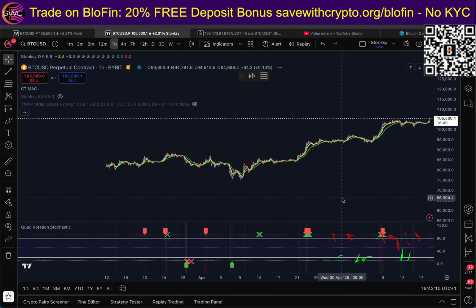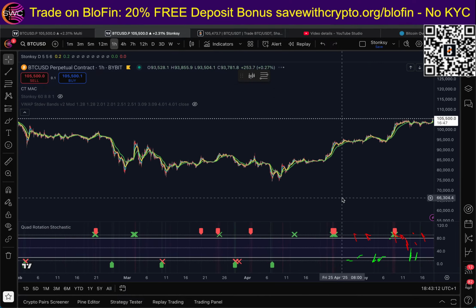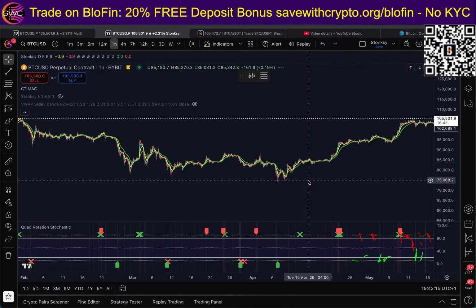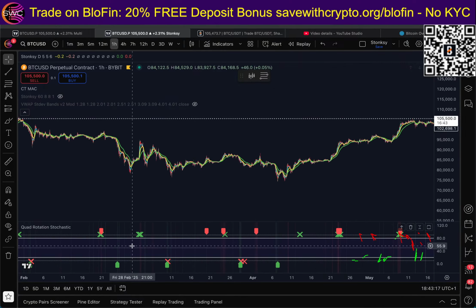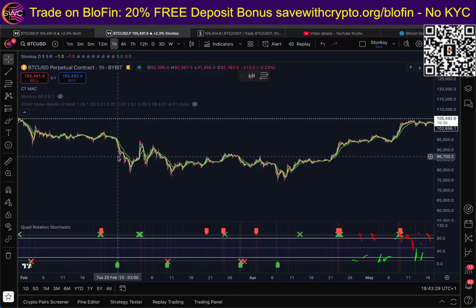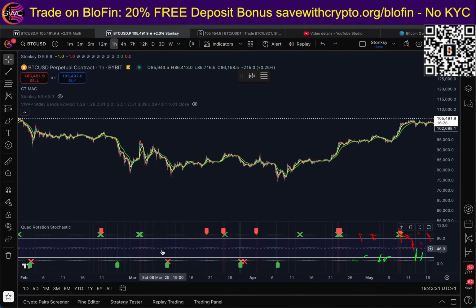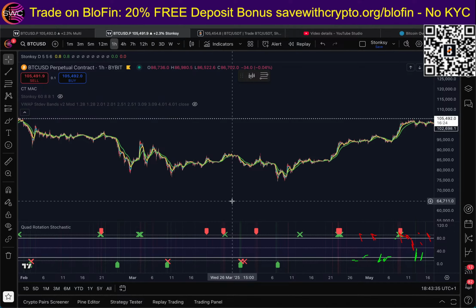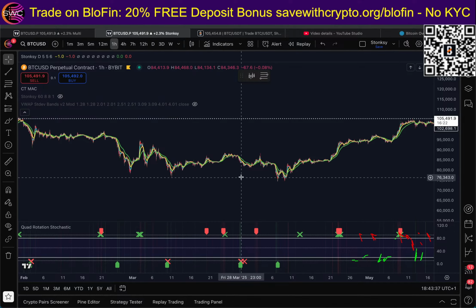So if you're doing more macro type stuff, this green super up there wasn't quite. Yeah, that one wasn't brilliant. That one was brilliant. Pretty much. That one there went up quite a lot.